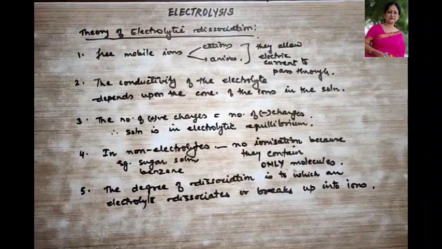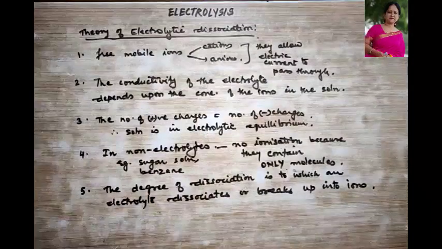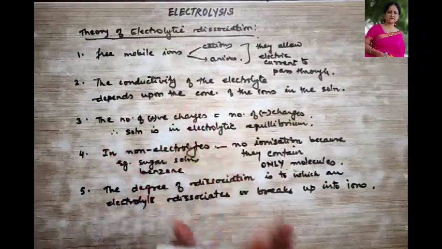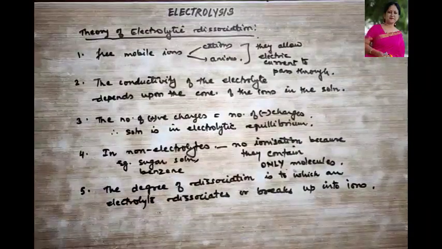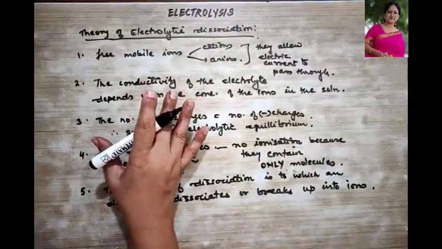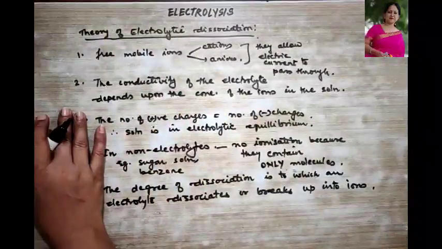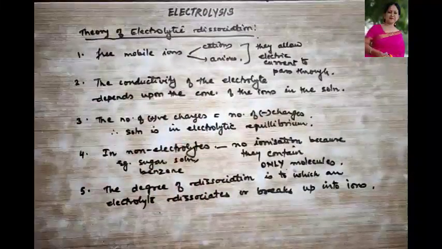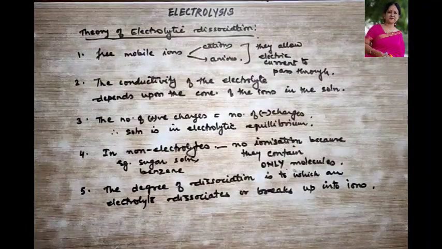Now, what is the difference between Arrhenius's theory, the theory that was given by Arrhenius, and the modern concept? Arrhenius stated that water ionizes the electrolytes, but the modern concept says what? The electrolytes are ionic even in the solid state, and the ions are held by strong electrostatic forces which make them immobile. So water only renders ions mobility by breaking the electrostatic forces.